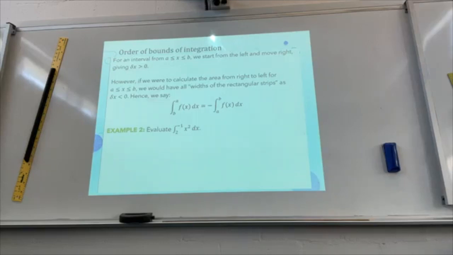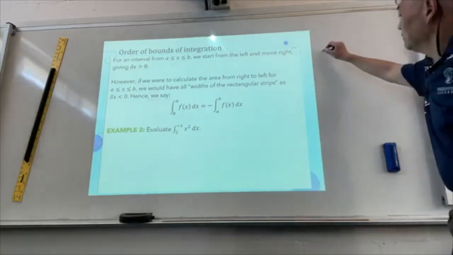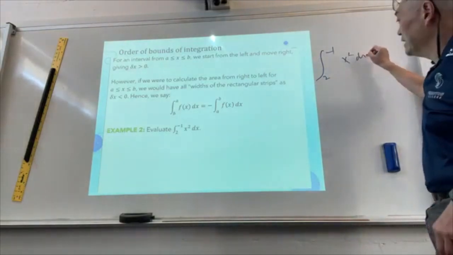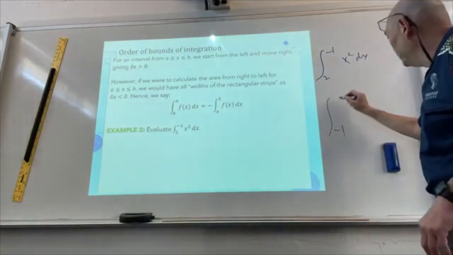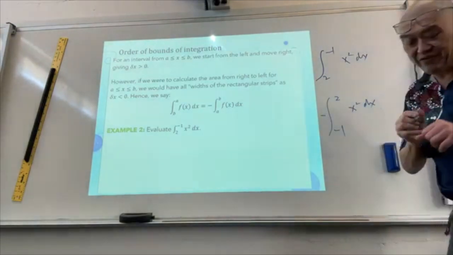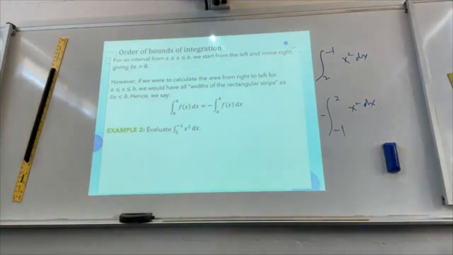So can you start off with evaluating from 2 to minus 1? Let's do it this way: the integral from 2 to minus 1 of x squared dx, and then the integral from minus 1 to 2 of x squared dx. You can put a negative in front if you like, and see what you get.